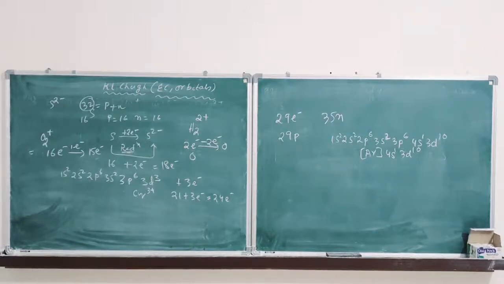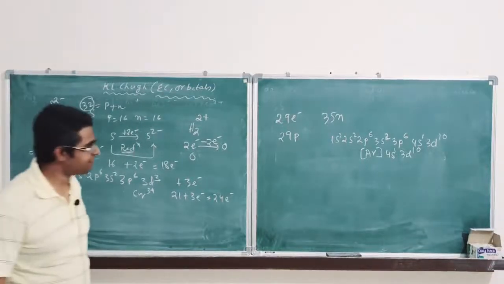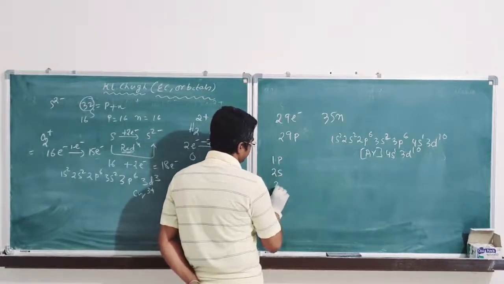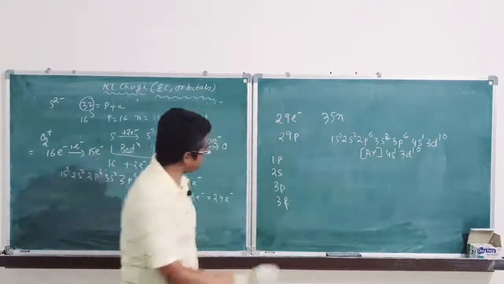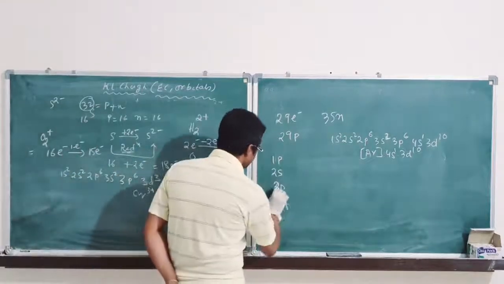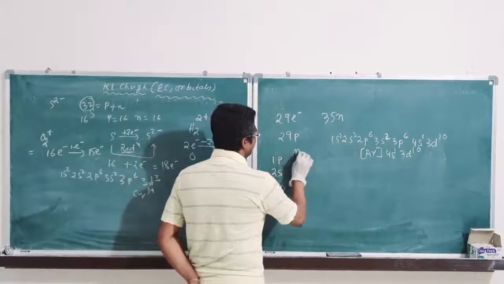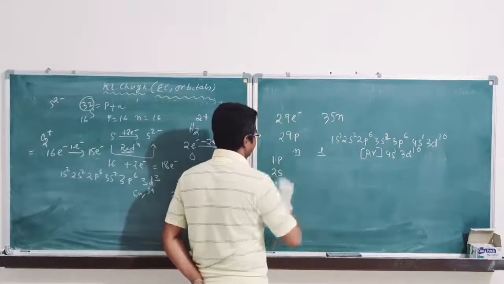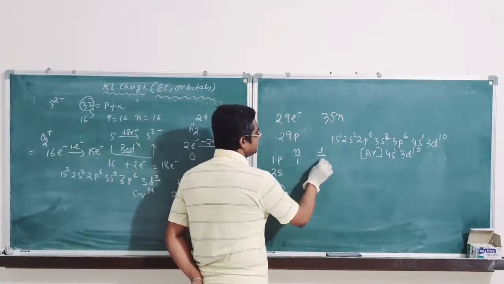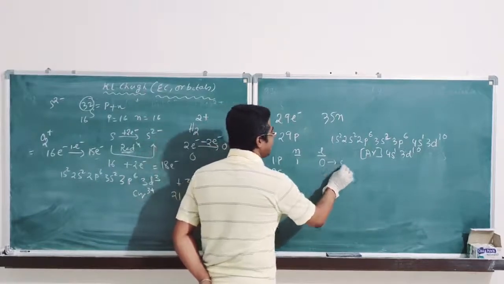Next: which of the following orbitals are possible? 1s, 1p, 2s, 2p, 3f. In this case you first write n and then l. For 1, the maximum value of l is 0, so it can be s, it cannot be p.